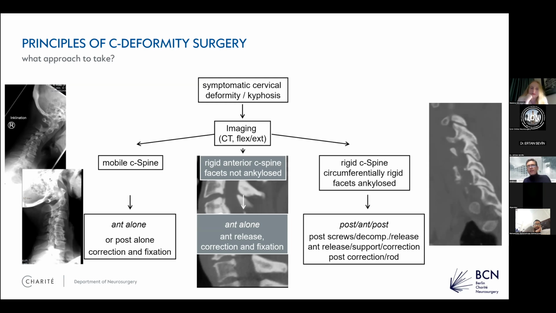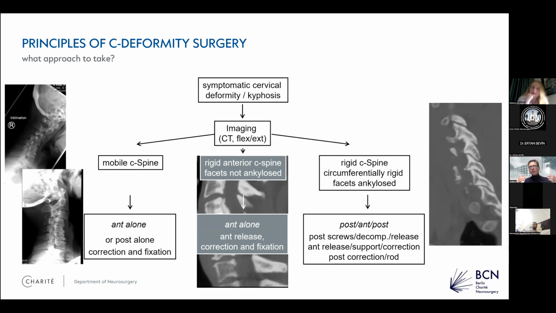But then you have the cases where the posterior column is fixed due to the facet joints, which are either locked or really fused. And then you have a really rigid cervical spine, which is circumferentially rigid.